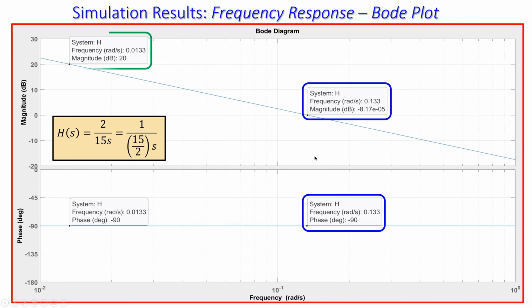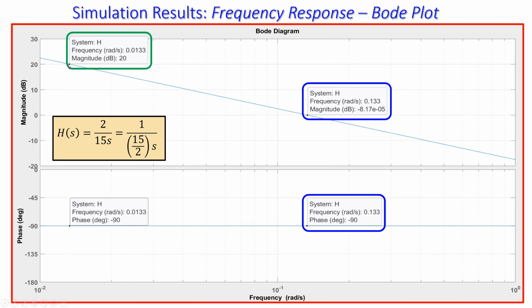So why is this? And again, you can also see this value here. What you see is that the magnitude here is 20 dB and here approximately 0. So you will go down by 20 dB if you increase your frequency from 0.0133 to 0.133. So it is an increase of your frequency of 10 times.